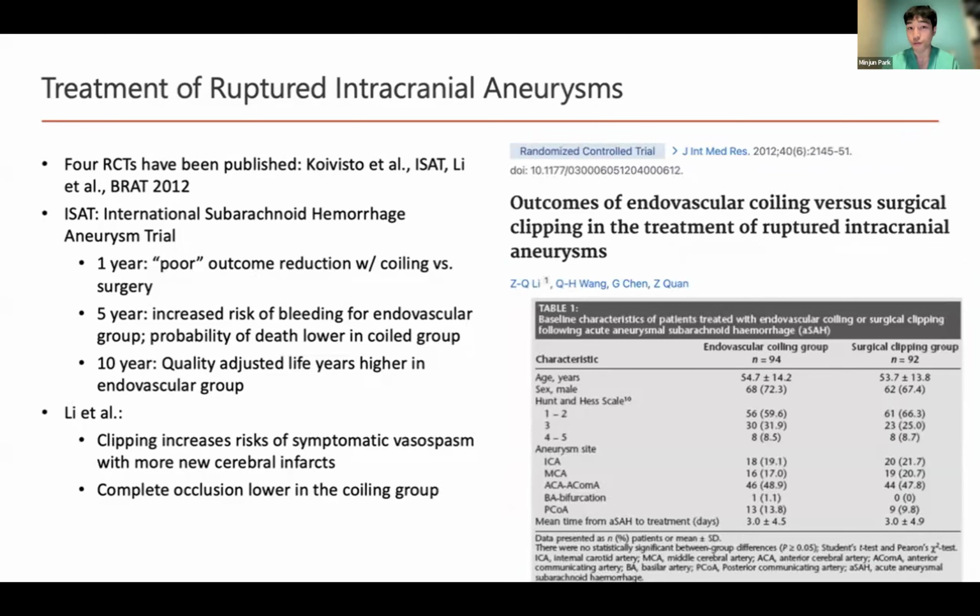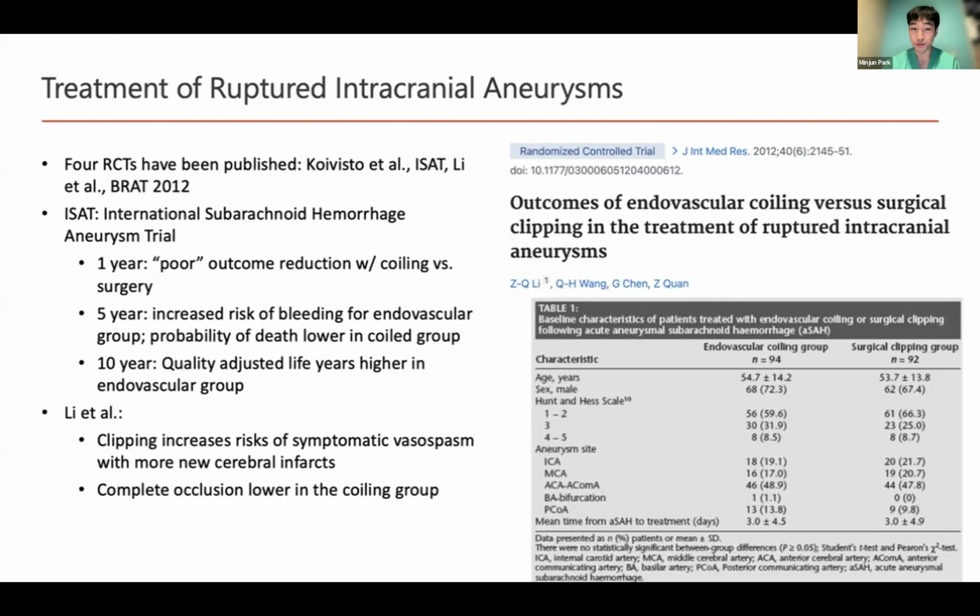This reflects the previous study: in clipping, we see more concerns with mortality, but in the endovascular group, we're more concerned with things like rebleeding or incomplete occlusion.